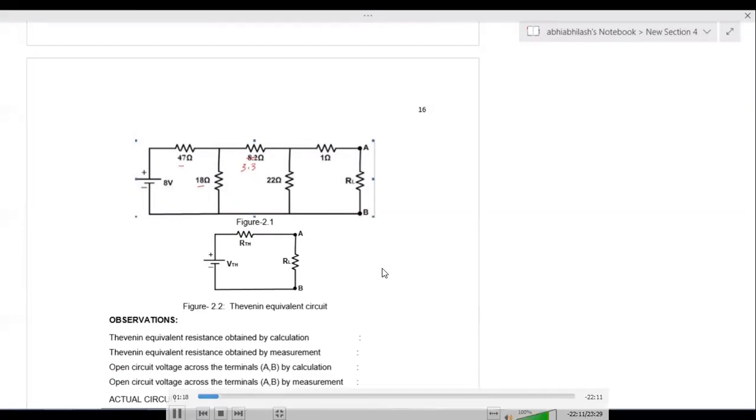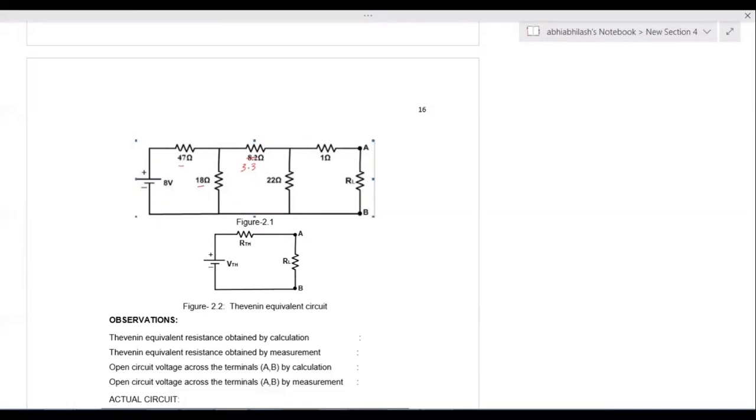First we are finding out the calculation part. For Thevenin's theorem, the equivalent resistance and equivalent voltage we are calculating by calculation. In the calculation part, first we have to remove the RL load and then find the voltage across the A and B terminal.